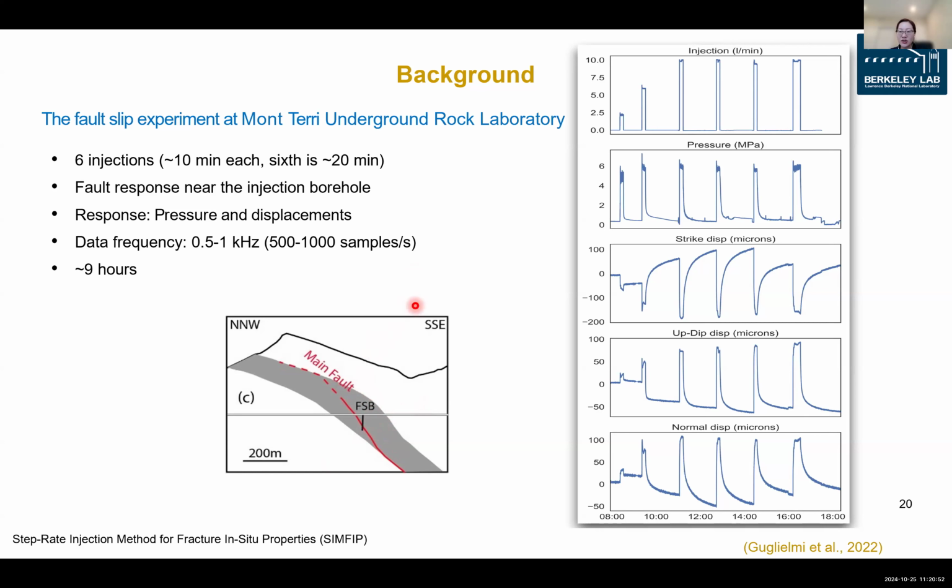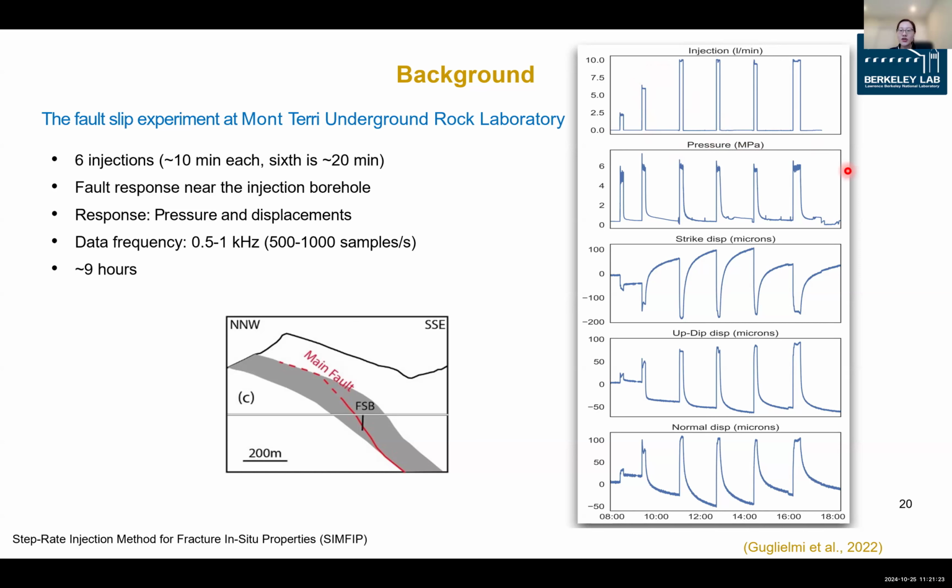For this specific machine learning project, we focus on these 6 injections conducted in one of the sets of experiments. In the 6 injections, we stepwise increase the injection rate gradually. So this is the data we have. It includes the beginning, letting the fault open, and then gradually developing a fluid path to let the fault open and then shear.